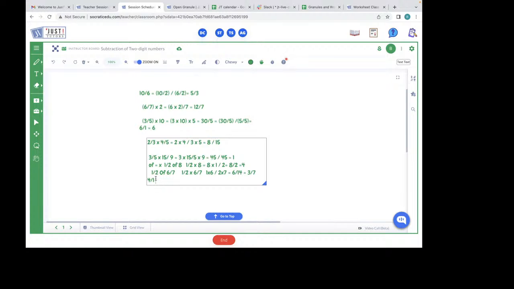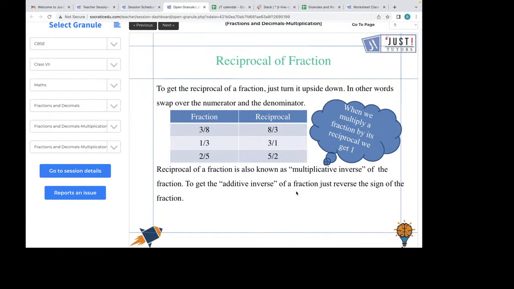ओके, सो अगर हमें इसका रेसिप्रोकल करना है तो वो हो जाएगा 1/4. अगर आपको 8 का रेसिप्रोकल चाहिए तो वो हो जाएगा 1/8. अगर आपको 9 का रेसिप्रोकल जानना है तो वो हो जाएगा 1/9. ओके, सो आई होप द रेसिप्रोकल इज अंडरस्टूड. नाउ, the reciprocal of a fraction is also known as multiplicative inverse of the fraction.